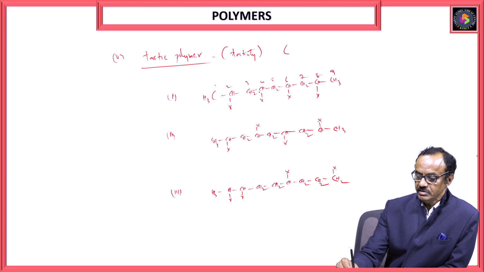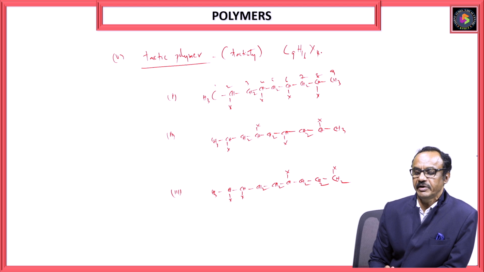Carbons 1 to 9, hydrogens 3, 4, 5, 6, 7, 8, 9, 10, 11, 12, 13, and so on. Functional groups 4. X may be fluorine, chlorine, bromine, iodine.